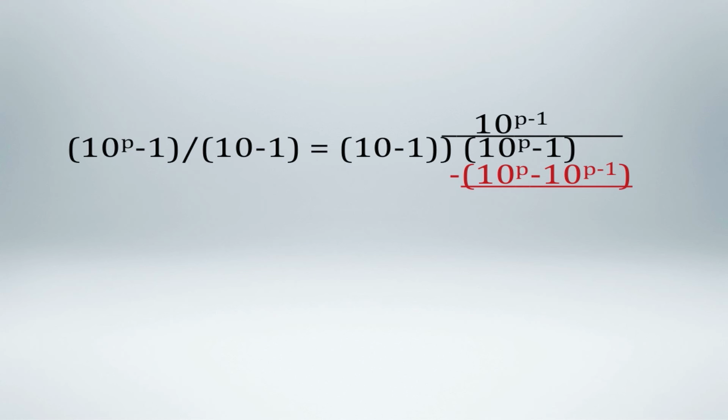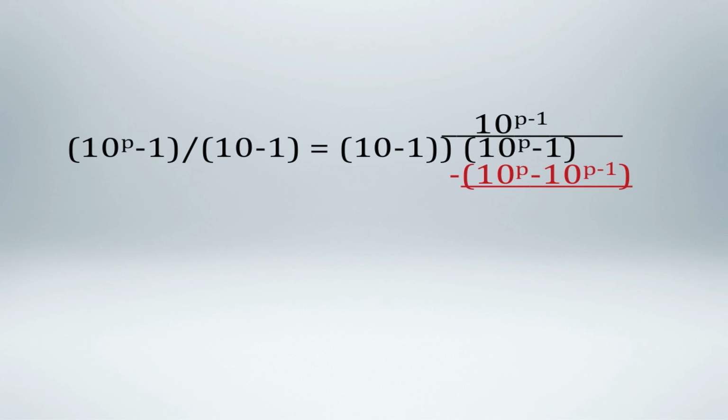So we go through that exercise of synthetic long division, as I've shown it here. As we divide into 10 to the p minus 1 divided by 10 minus 1, the first term in that synthetic long division on the top is going to be 10 to the p minus 1. So we take 10 to the p minus 1, multiplying the number on the left, to give us the number written in red, which is 10 to the p minus 10 to the p minus 1.